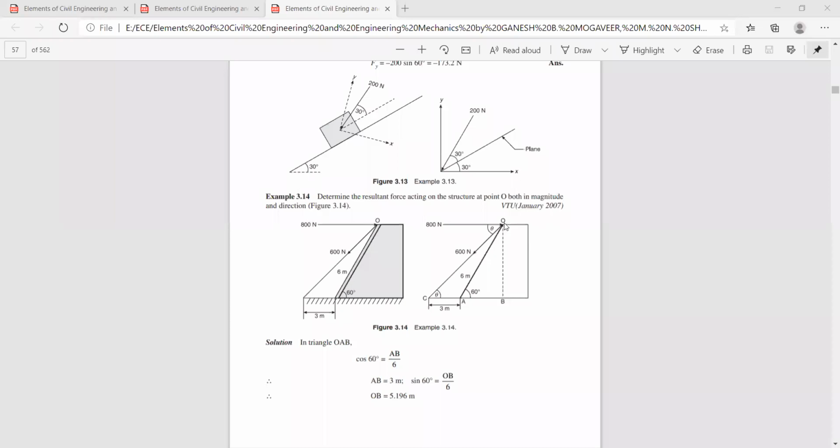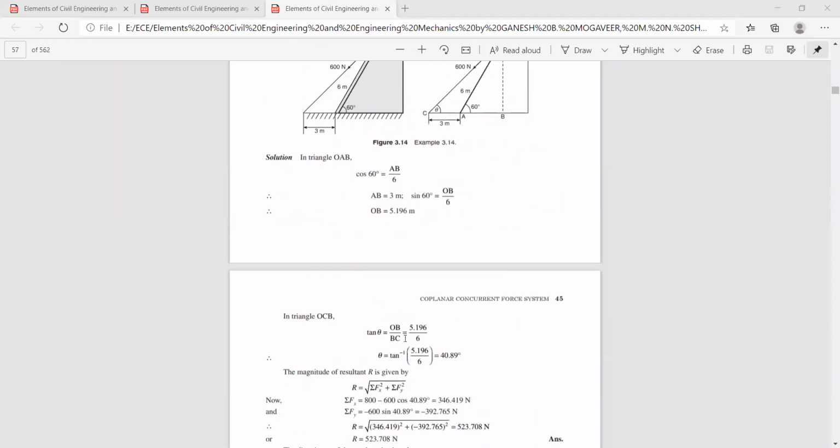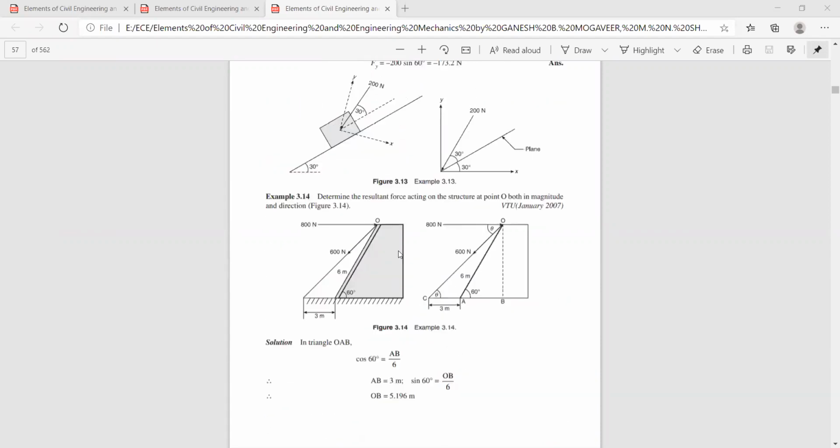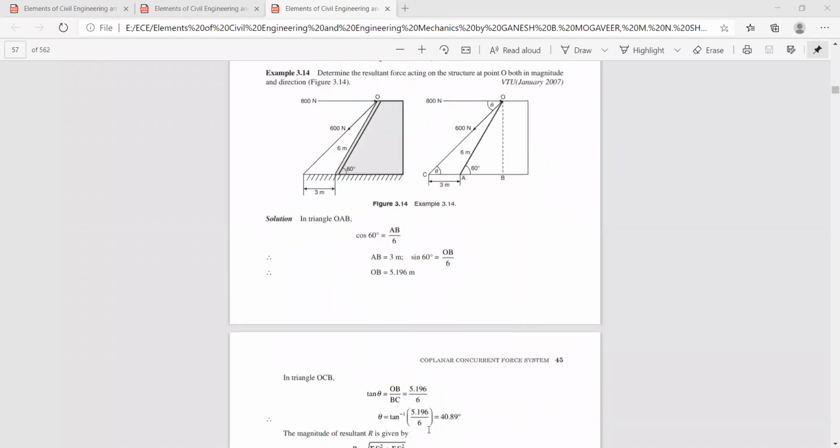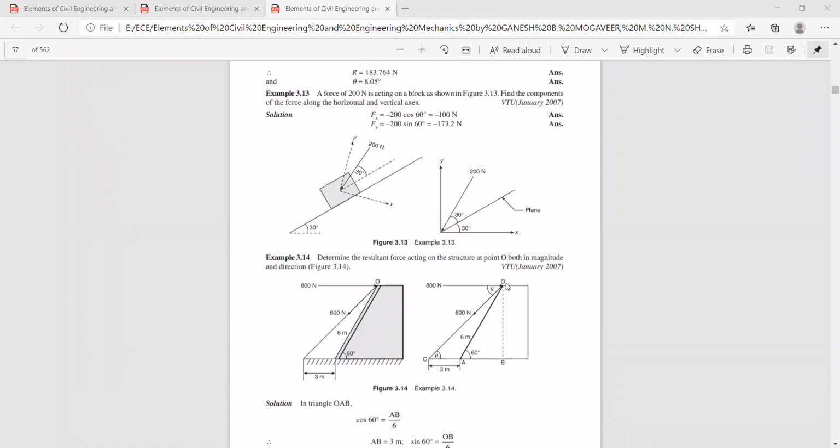Tan theta is equal to 5.196 divided by 6. Thereby you will get this angle as 40.89 degrees. Basically we need this angle for resolution. Now you select the reference axis at about this point.